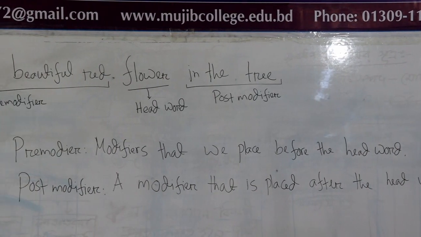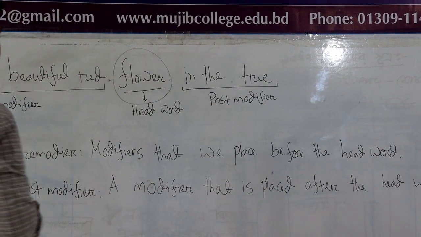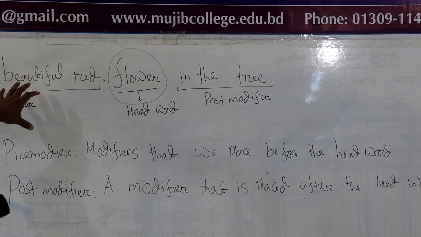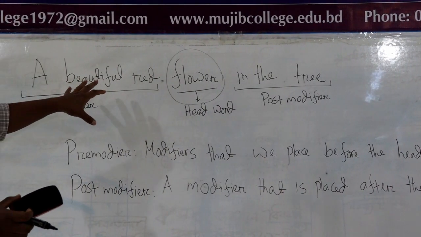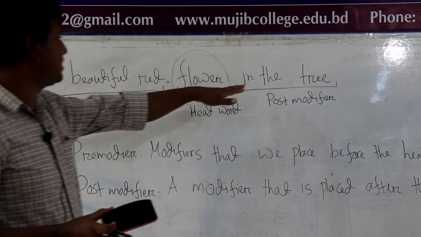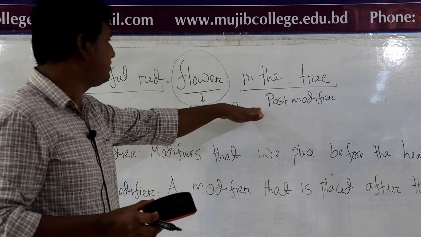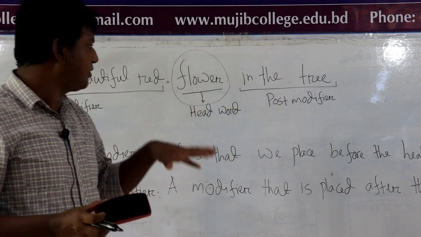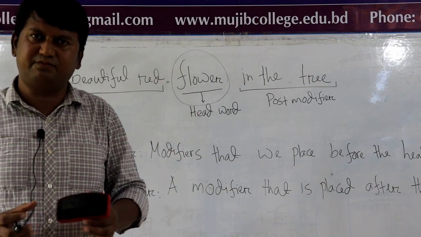Look at the example. This is our head word, flower, and the modifiers placed before this head word, a beautiful red, these three modifiers are pre-modifiers, and the prepositional phrase that is placed after this head word is a post-modifier. I think you have got the point clear, what is pre-modifier and what is post-modifier.